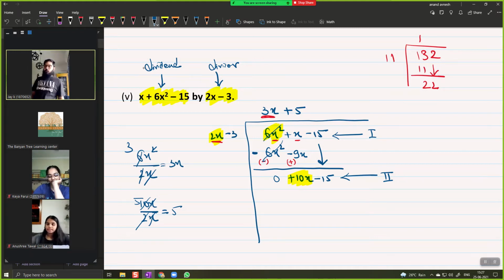Now you multiply this plus 5 with 2x and then with minus 3, one by one. So 5 into 2x is plus 10x. And 5 times minus 3 is minus 15.